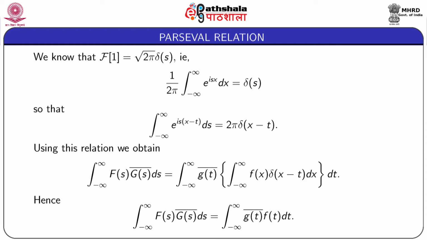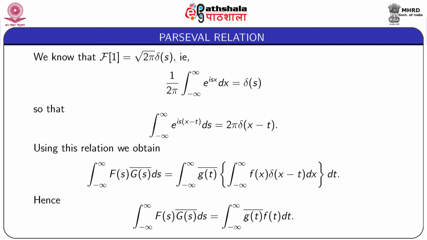So, instead of x, if we write x minus t, then we get integral minus infinity to plus infinity e to the power is(x minus t) ds. This will give us 2 pi delta of x minus t.